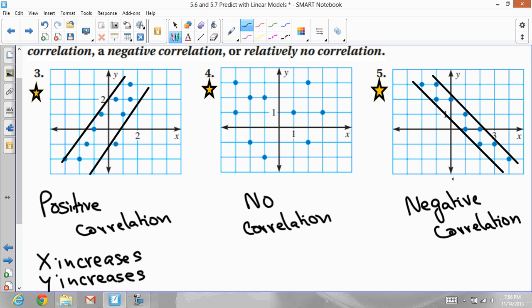Now look at the negative correlation. As you go up the x-axis, as x increases, look at all the y values. The y values keep dropping down, so the y in this case decreases. Or if you want just a simple way to get the answer, think about whether it is sloping up or sloping down.